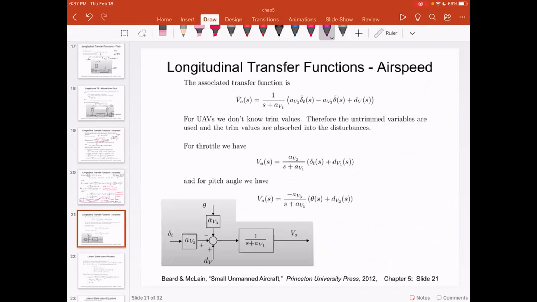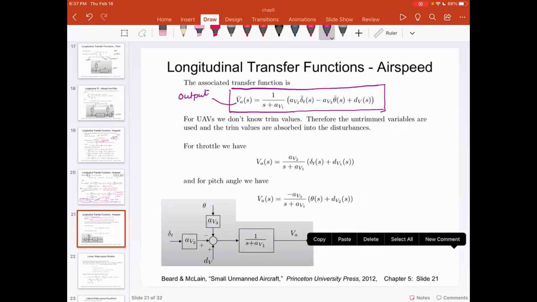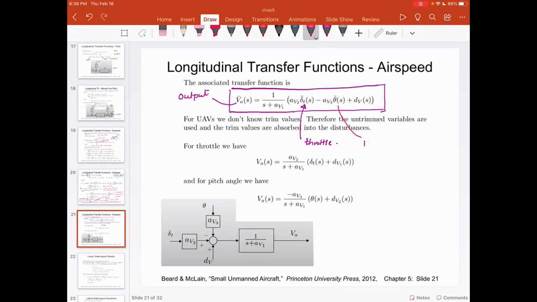So all said and done, at the end of the day, this is what we get. We have the equation for airspeed, and that equation is defined in terms of the following inputs. Airspeed is the output, and the input to the airspeed is the throttle. In addition to that, you have some pitch variation and our disturbance.